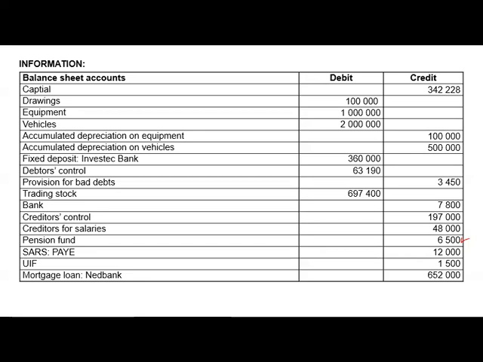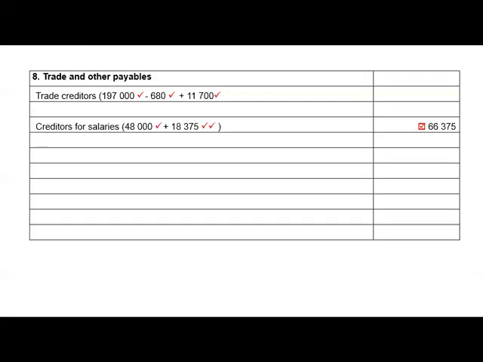Therefore, the sum of those will give us what is owed to the pension fund, which will in this case be the 6,500 plus the 2,625 that we contributed plus the 1,875 that was subtracted from the employee's salary. In total here, our pension fund will be 11,000 rand. Done. Right? Let's move to the other contribution.